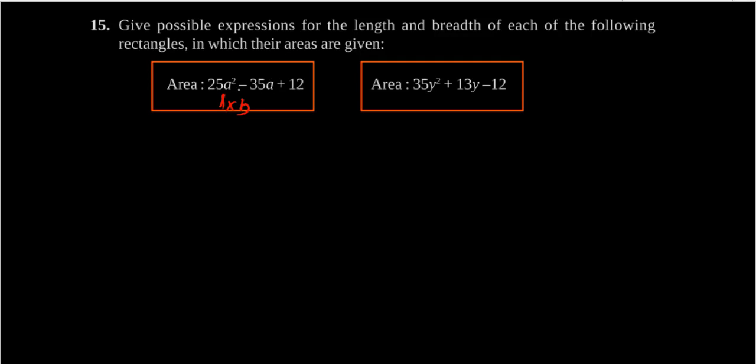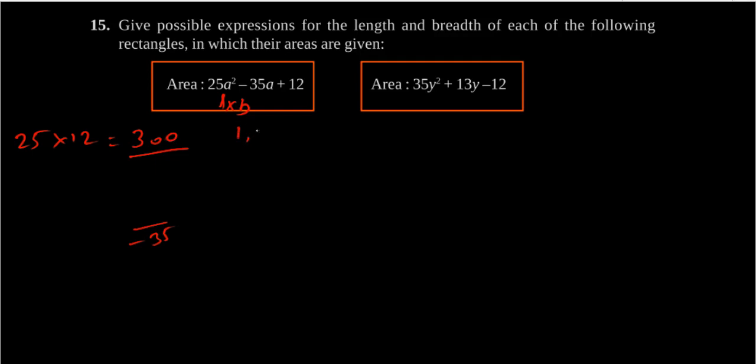So we can go with the middle term split up format. We'll split up the middle term. So for this, we have to multiply a and c, the first and last terms. So 25 times 12 will be 300 and the middle term is minus 35. So we have to get the factors of 300.